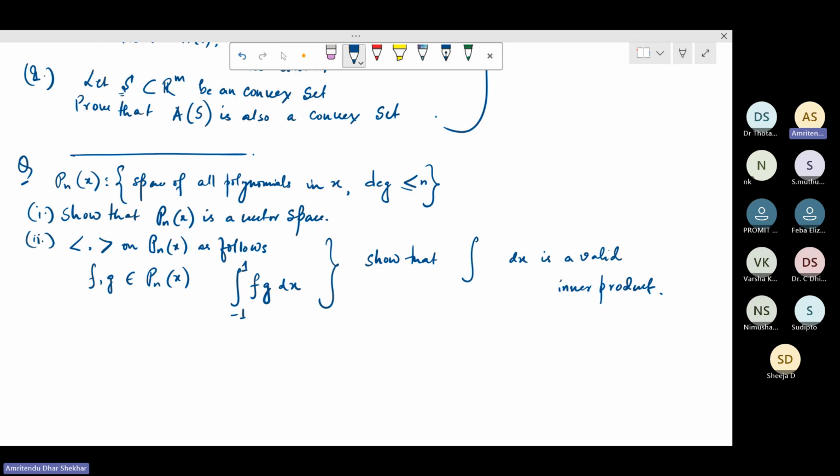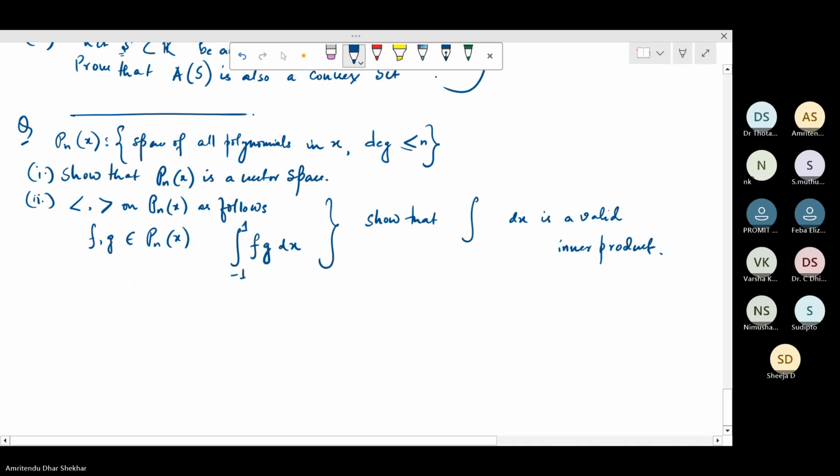The next problem is a subpart of this problem.